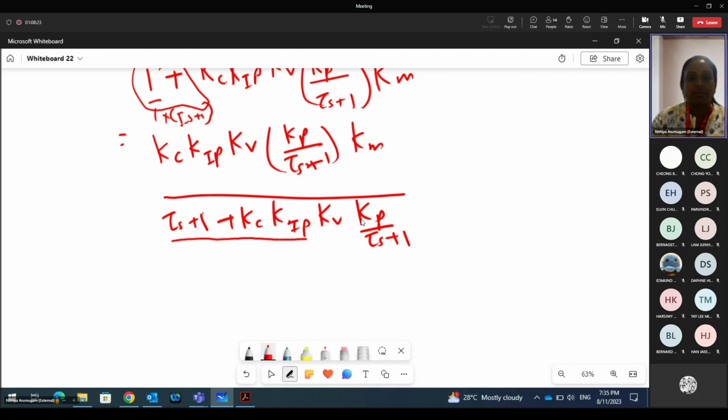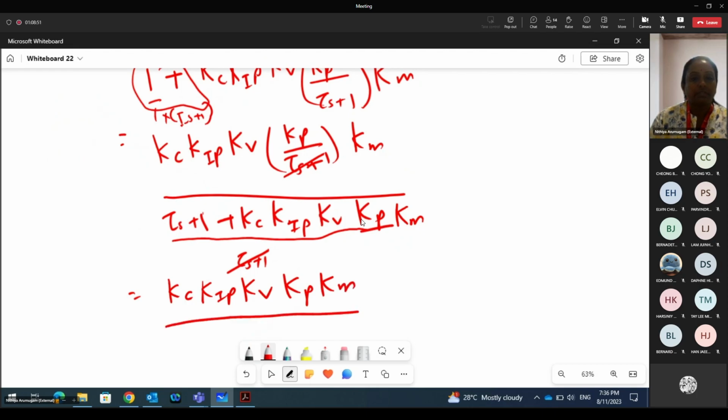Tau s plus 1 now becomes the entire expression, and then we have another term, Km. So if you notice, I can actually eliminate the tau s plus 1 and have Kc, Kip, Kv, Kp, Km.